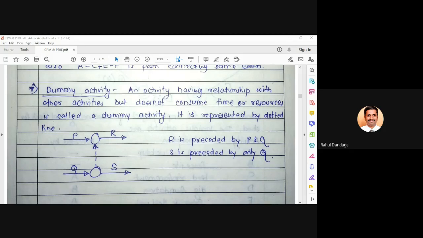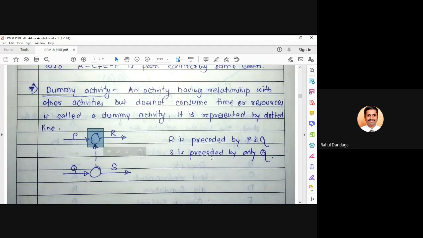R can be started only when both P and Q are completed. In that case, ideally, this Q should have been connected to this node in the ideal sense.